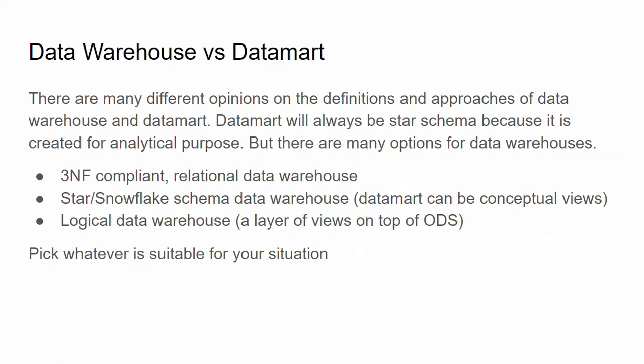One of the most famous people who has this opinion is Bill Inmon. He is one of the leading data warehouse experts in the field for so many years, and that's his opinion that the data warehouse should be third normal form compliant just for storage. And then you build different reporting repositories on top of that, or data marts. In our terms, it's data marts.